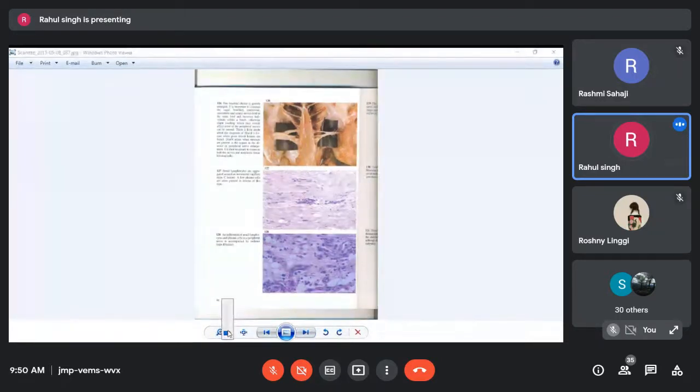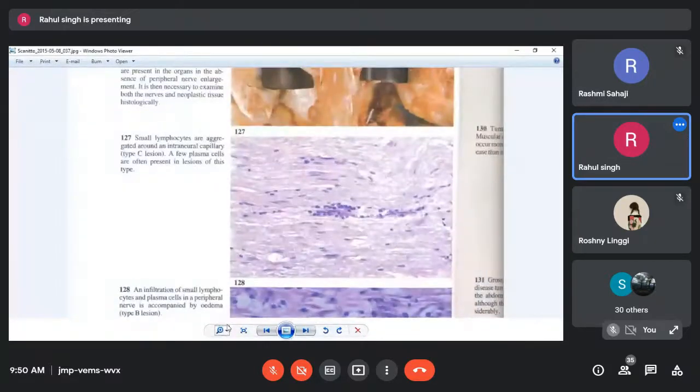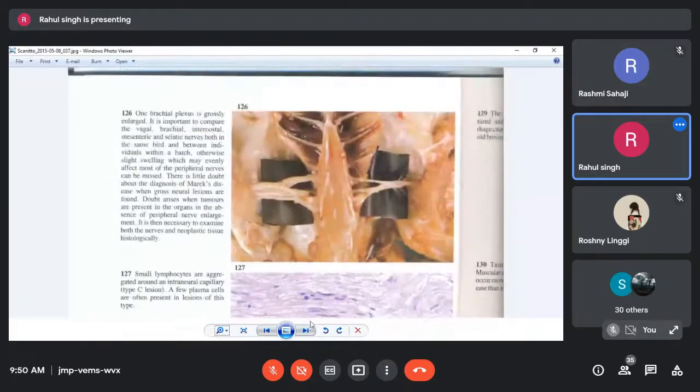Now this is Marek's disease. In Marek's disease, they have cut open the brachial plexus. Now see, these are the ribs. This is the part of backbone.